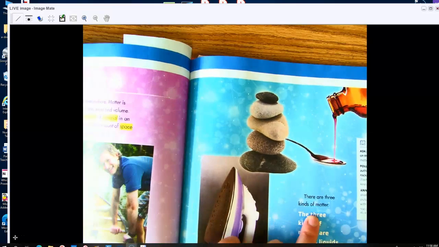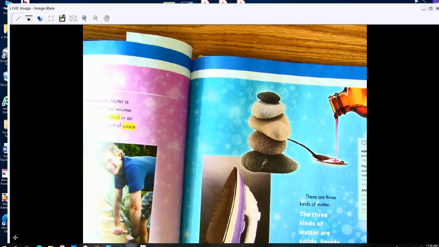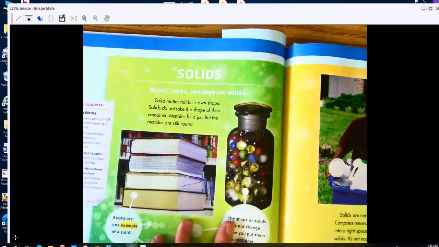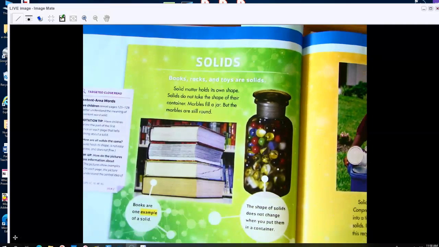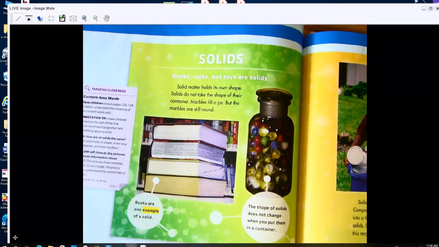There are 3 kinds of matter. The 3 kinds of matter are solids, liquids, and gases. Solids. Books, rocks, and toys are solids. Solid matter holds its own shape. Solids do not take the shape of their container.